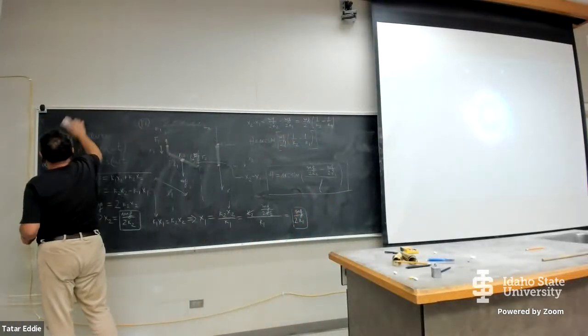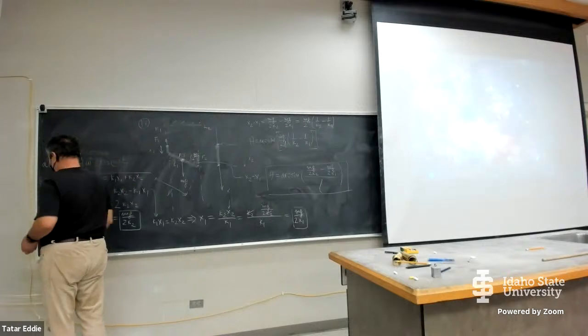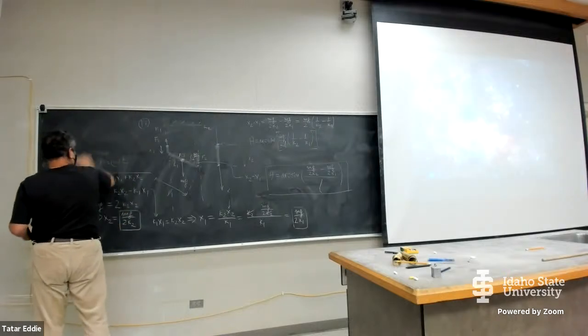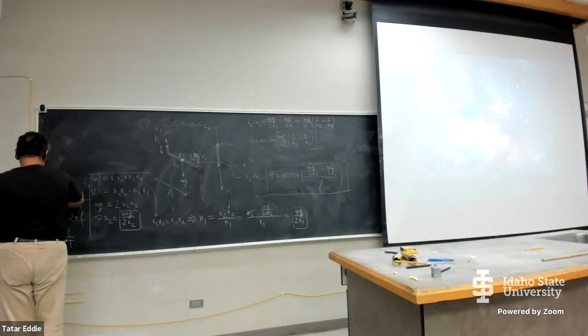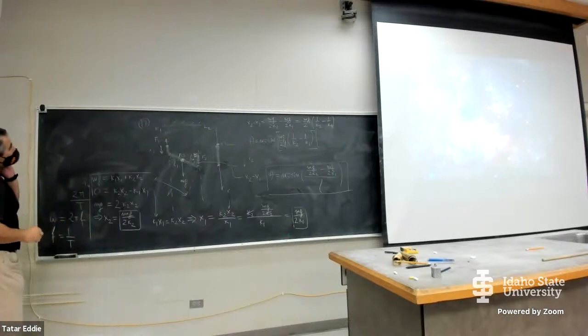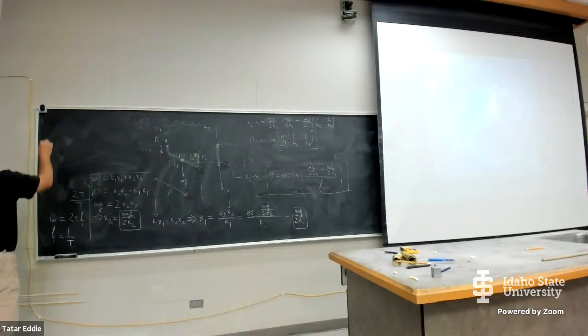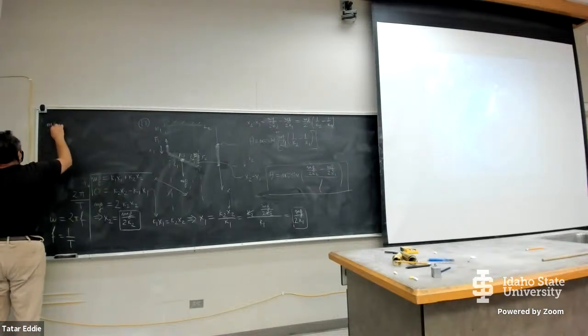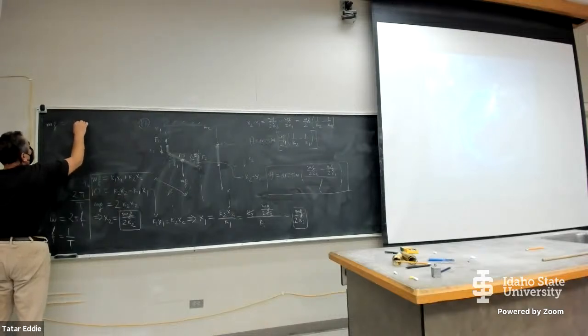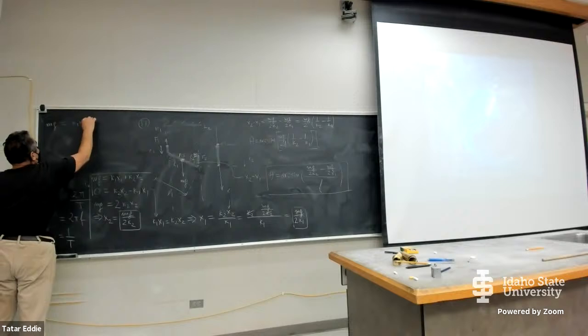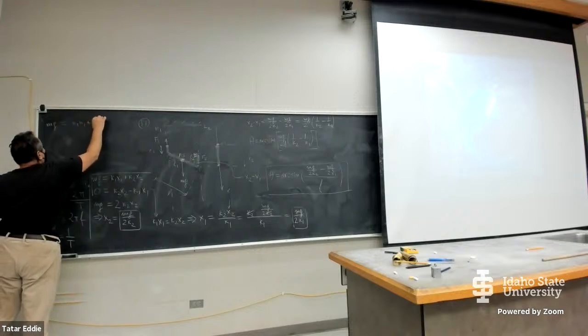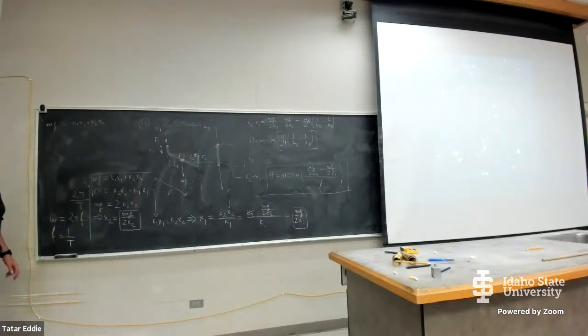So let me write what was the first equation. It reads like this: mg is equal to k1 x1 plus k2 x2. Do you see it from your notes?